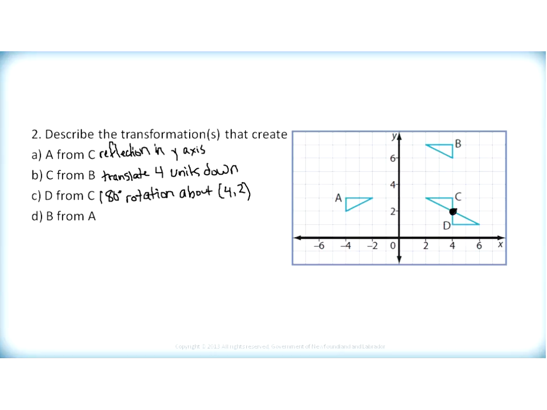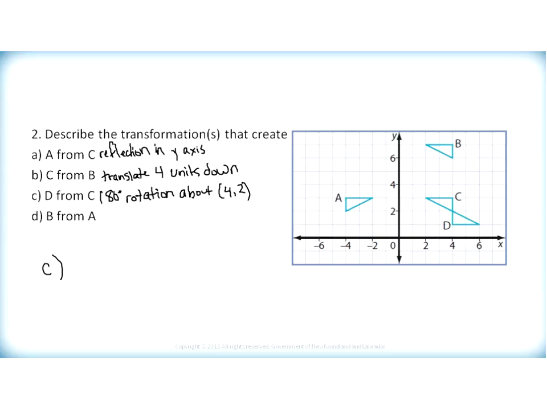Another way we could describe this would probably be a reflection. You can look at it this way, a reflection through that line there, and that would give me this image right here, and then another reflection through this line, which will give me what I see for D. So either one of those is correct. So there's more than one way to possibly do a transformation. So I'm going to write that down below as well.